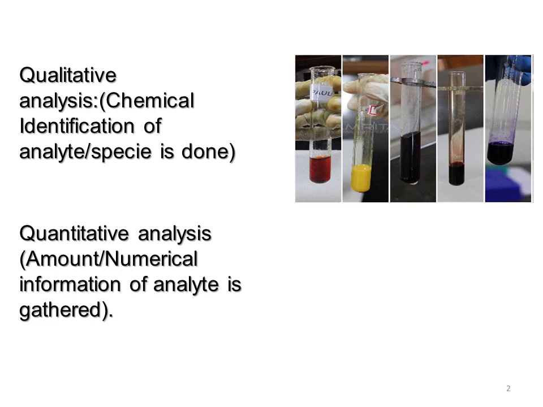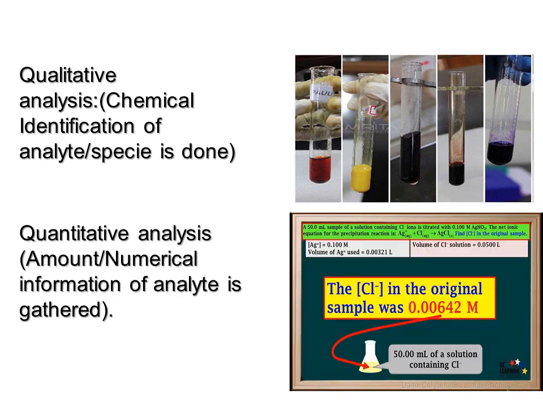As an example of quantitative analysis, it is being shown here that if you have to find out how much chloride ion is present in your sample, you have to perform the volumetric analysis through which you can find out the amount of chloride ion. As here it has been gathered as 0.00642 molar. The concentration of chloride ion in the sample is 0.00642 molar.